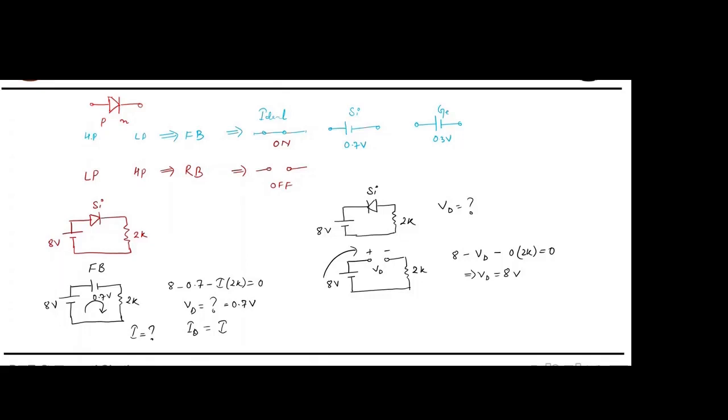Okay. Now, let us try another one. Suppose you are told to find the output voltage as well as ID. They have given that this one is silicon and this one is germanium.